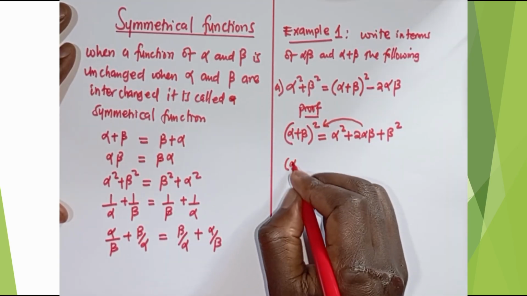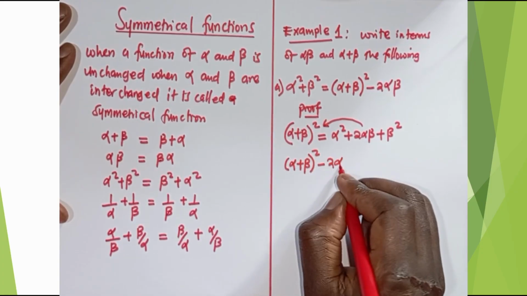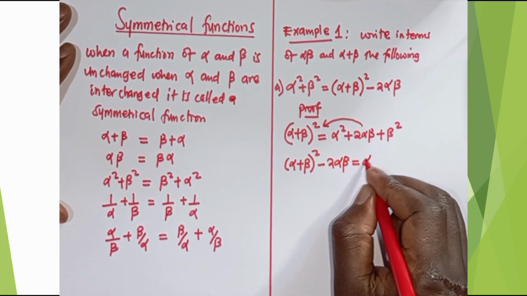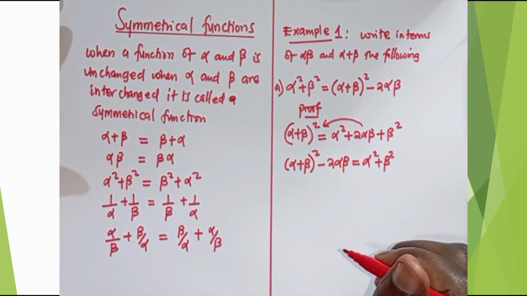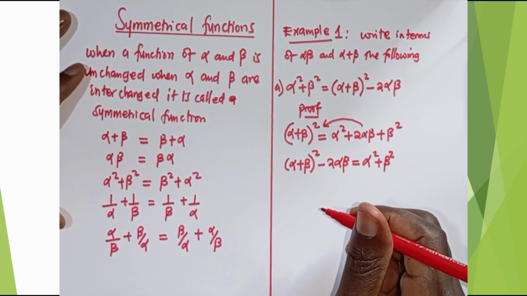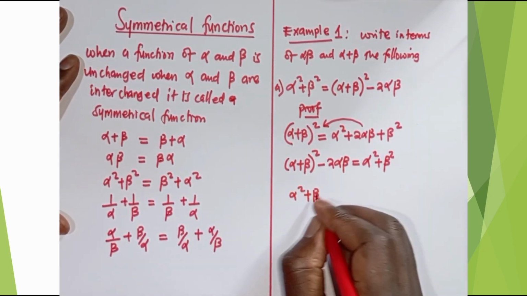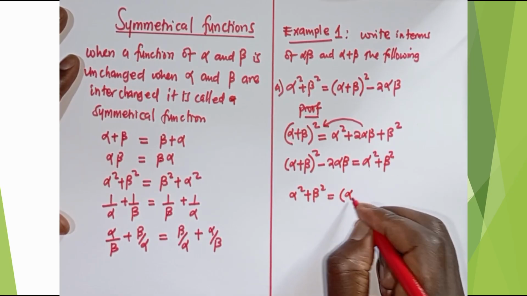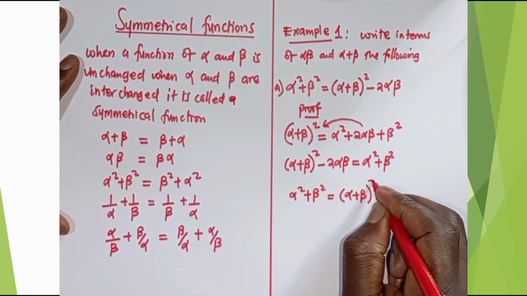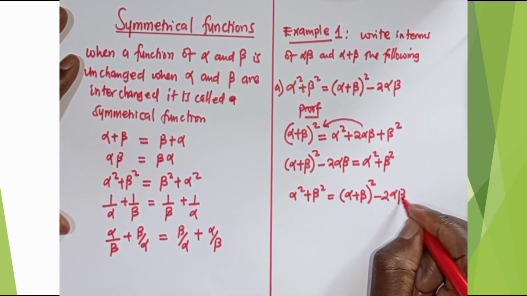So you end up having alpha plus beta, everything square, minus 2 alpha beta is the same as alpha square plus beta square. Now, if you clearly see, there is nothing here to cram. So our alpha square plus beta square comes from that simple expression, which is the same as alpha plus beta square and then minus 2 alpha beta.